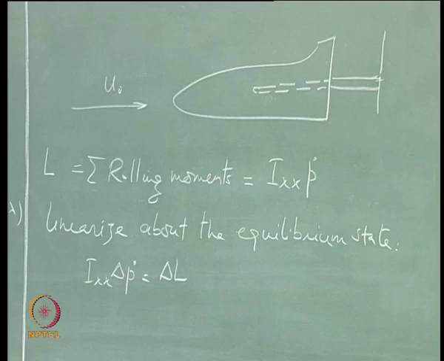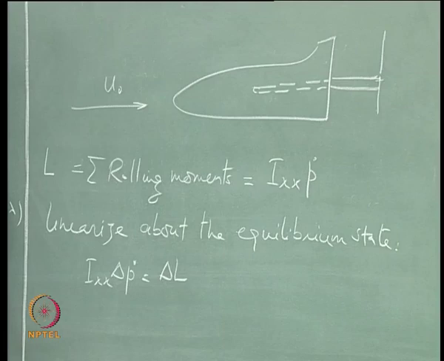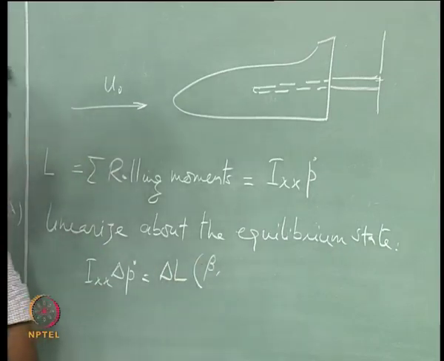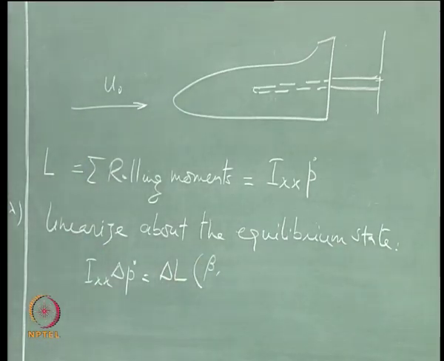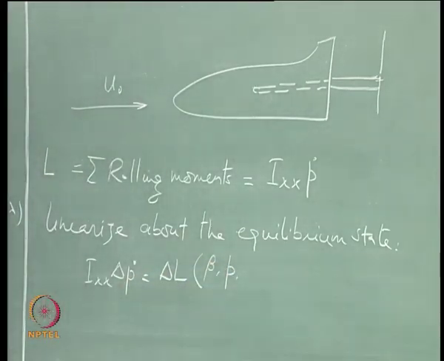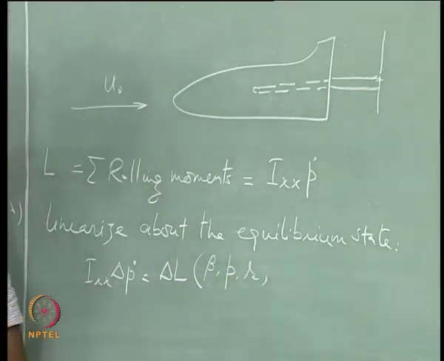Right. This L is going to be a function of various parameters, and those parameters are angle of side slip, the roll rate, what else, the yaw rate, and the control inputs.